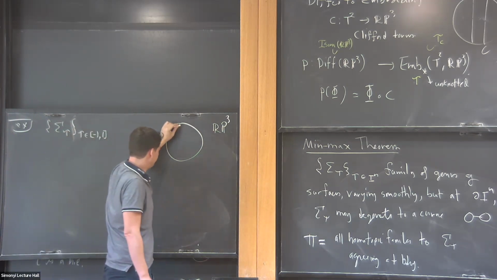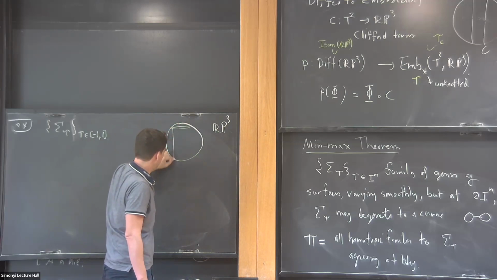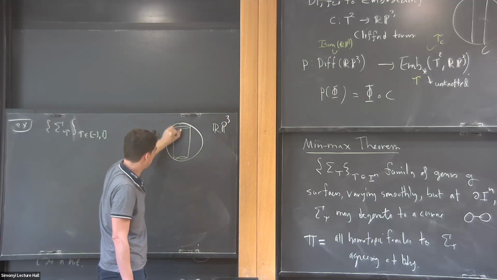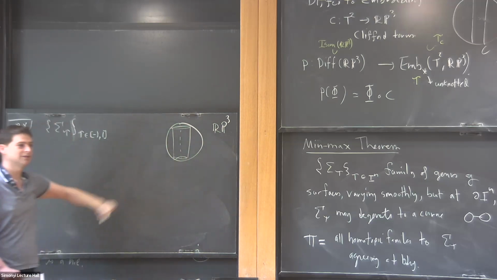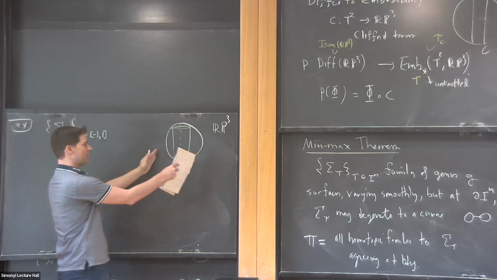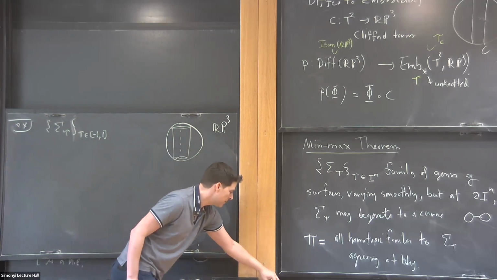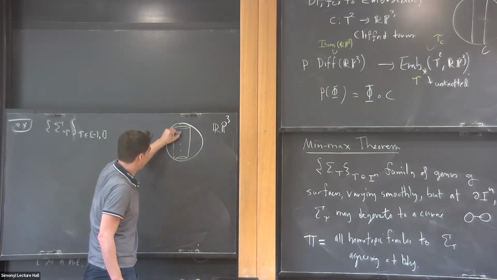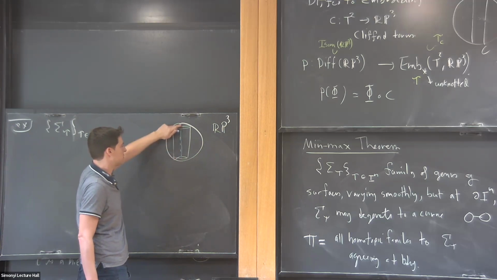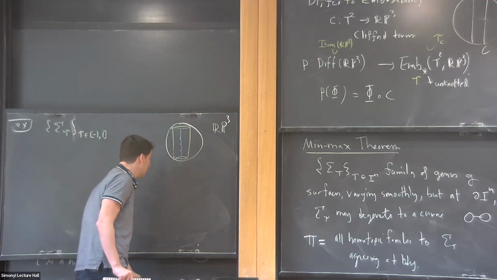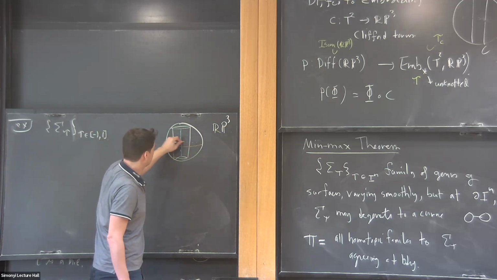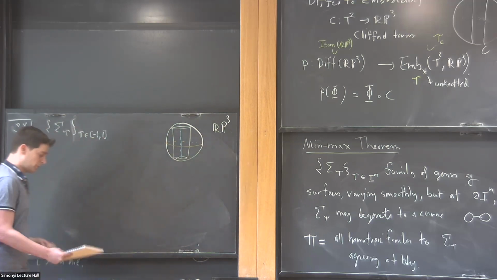It's going to start at this one-dimensional line, which is a circle in RP3. Then it expands to become a Heegaard torus, and then it will collapse. It's a bit hard to see if you're not used to the picture, but you can make a 1-parameter family of tori starting at this circle and ending at the circle there, which all have genus 1.